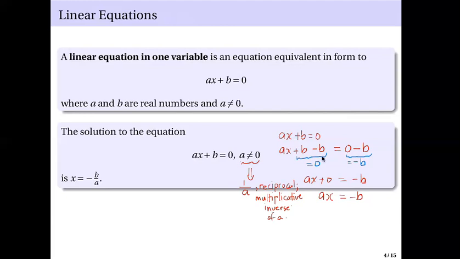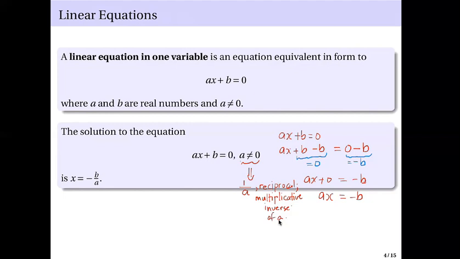Now, I did not mention this: negative b is actually called the additive inverse of b. But anyway, we have 1 over a as the reciprocal or the multiplicative inverse of a.